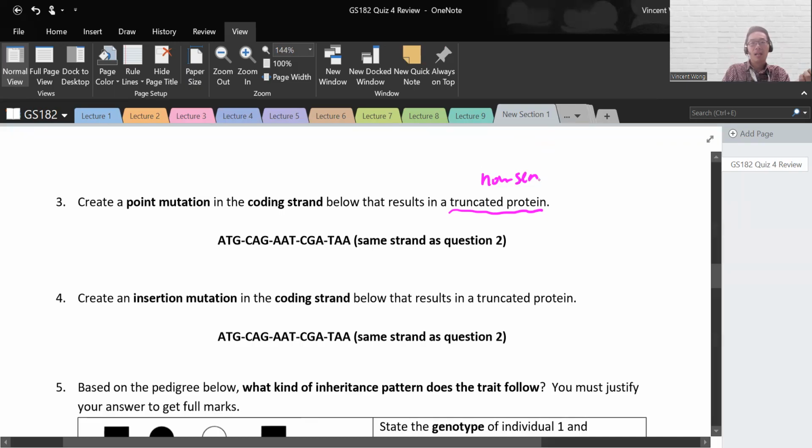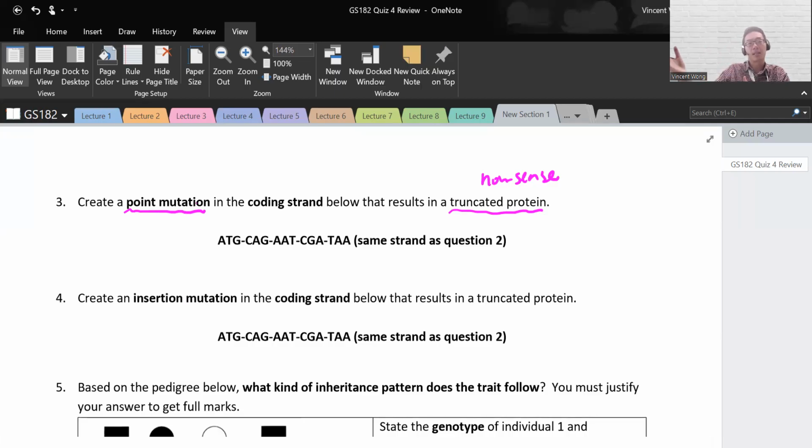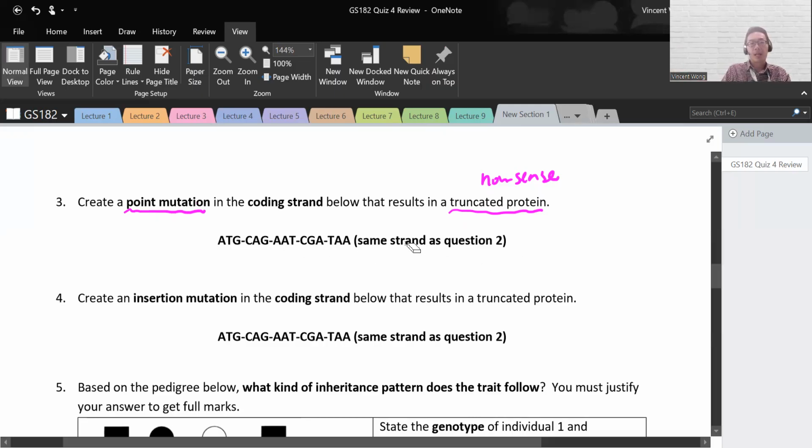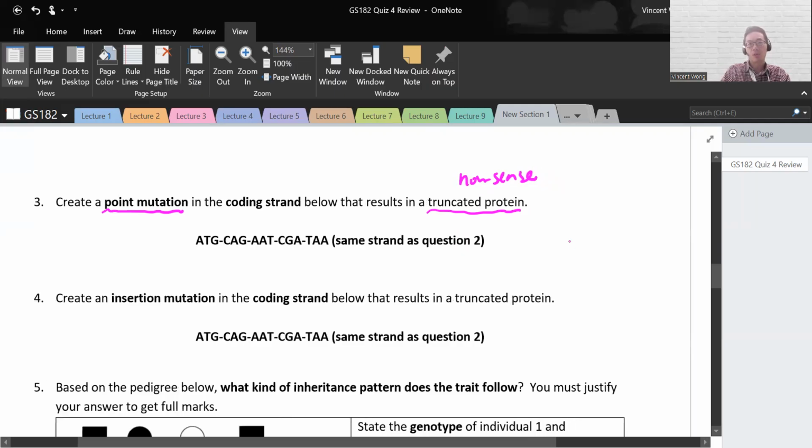Nonsense mutation. So there are different ways to creating the nonsense mutation depending on what the question is asking you to do. In this specific case, we have to do a point mutation. That means you change one of the nucleotides to create the nonsense. Okay, so this is a coding strand that's given to us. To make it easier, we should write down the stop codons, which again you should be quite familiar with at this point.